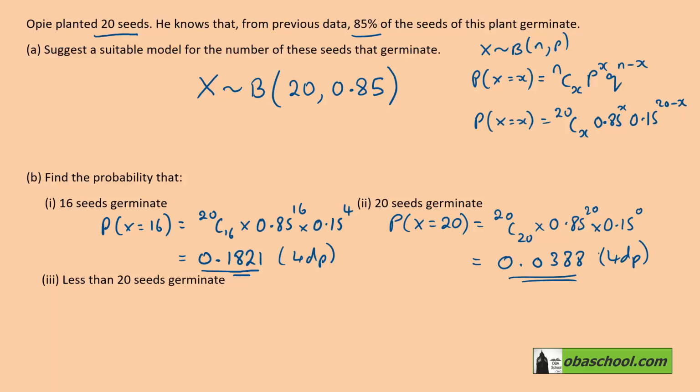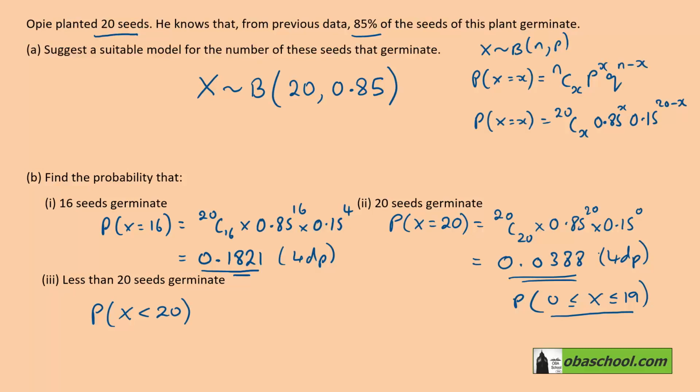Less than 20 seeds germinate, so that's the probability that X is less than 20. Or another way of looking at it is that's the probability of X being between 0 and 19. Now that's 20 possibilities. We could work all of them out individually and add them together, but that's a lot of work.